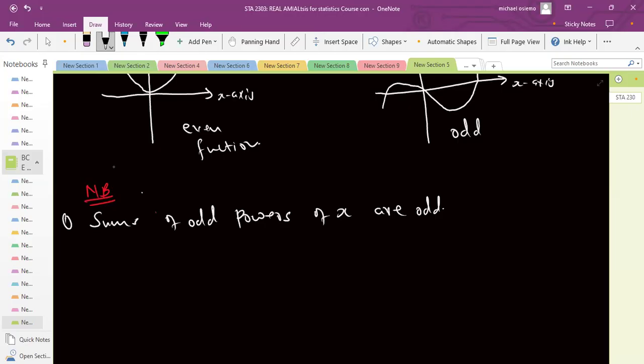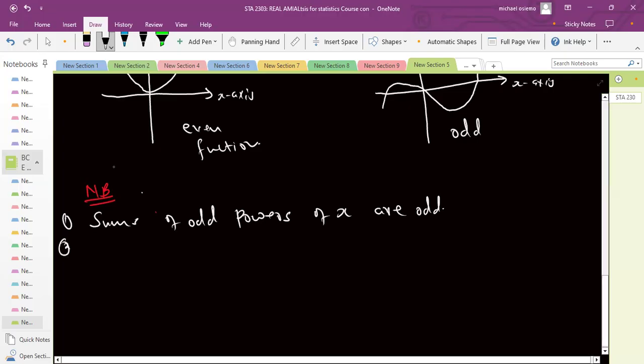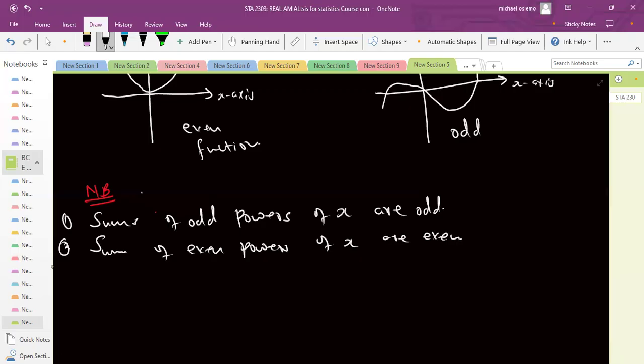Then number 2, the second thing to note is that sums of even powers of x are even. For example, x squared, x to the power 4, 6, 8. So y equals x to the power 10 means that function will be an even function.